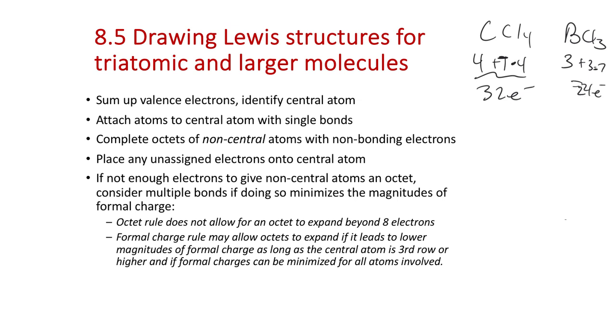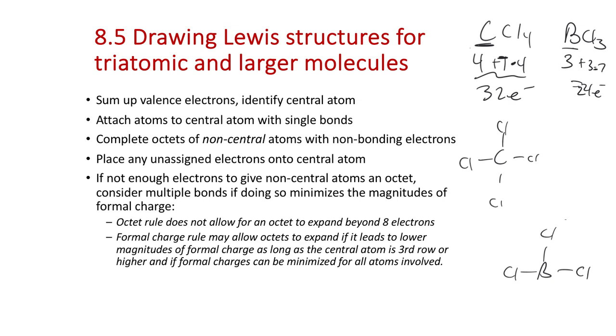And so when I start to think of my Lewis structures, and these are rules also in the book, almost exactly the rules the book has, we attach the atoms to the central atom. The central atom is always going to be the first atom, then everything after it is attached to the first. So we have 4 chlorines on the carbon, and then 3 chlorines on the boron. Then I want to complete the octets of the non-central atoms.